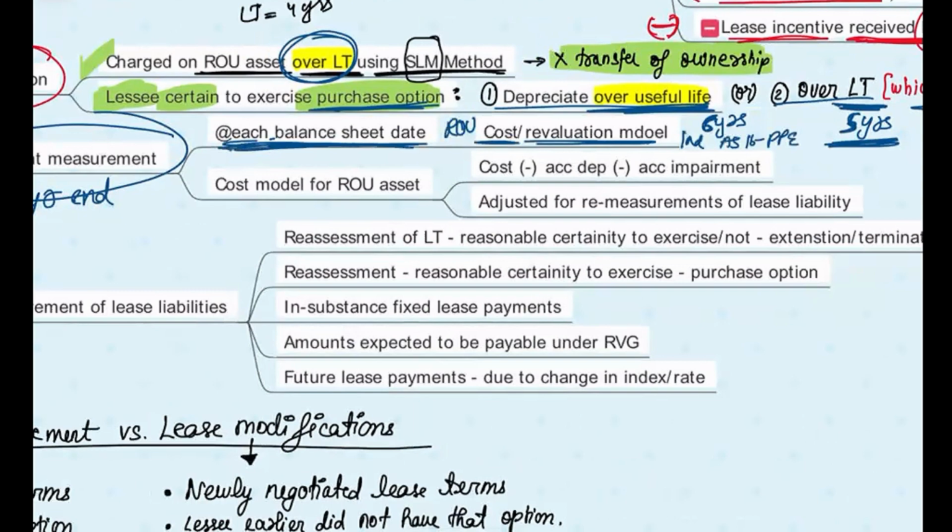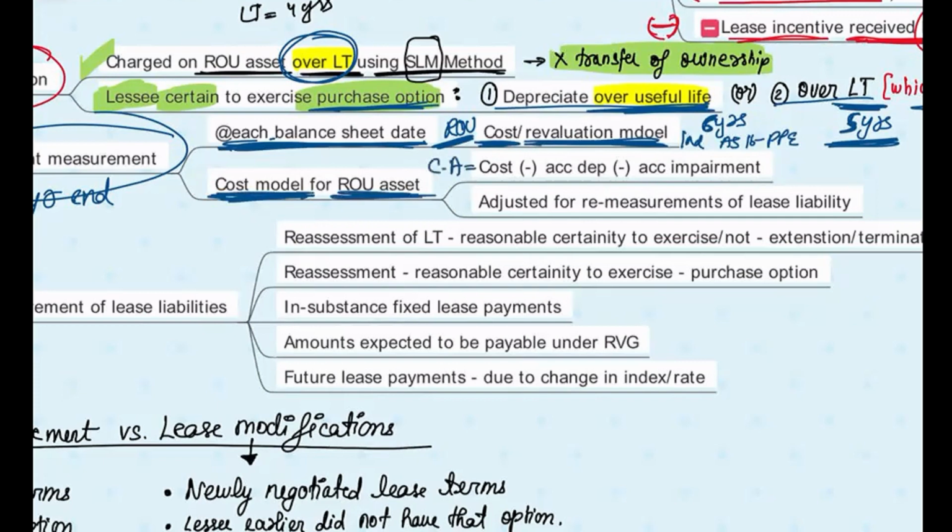So at each balance sheet date, you have to measure the ROU asset at cost or revaluation model. If you pick the revaluation model, whatever the revalued value is, you will record it directly in the books. But if you follow the cost model for the ROU asset, then how do you find the carrying value?